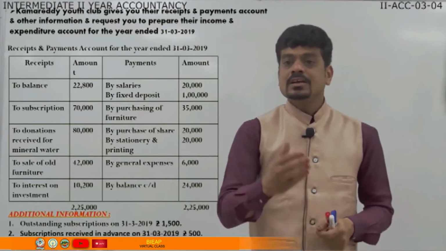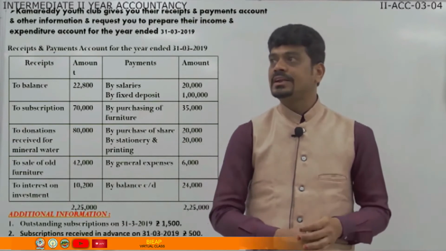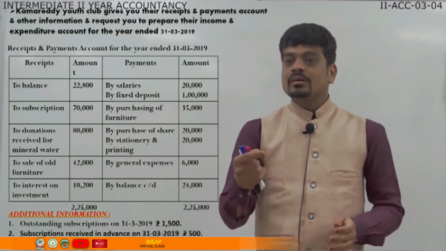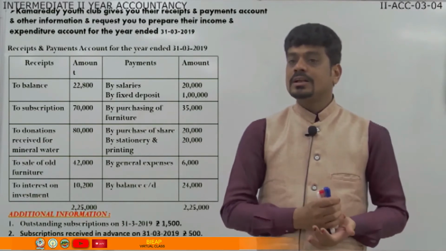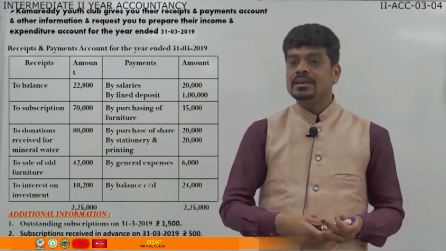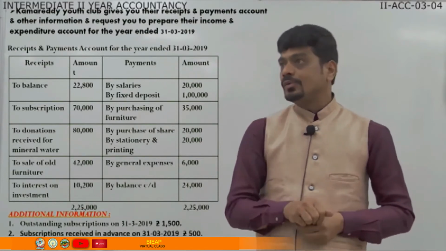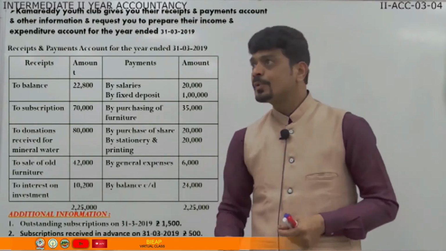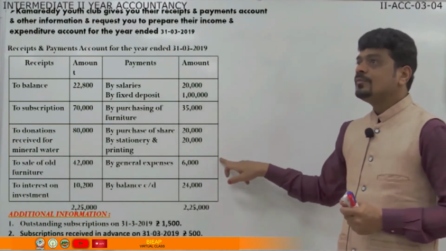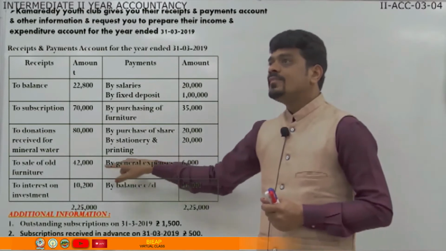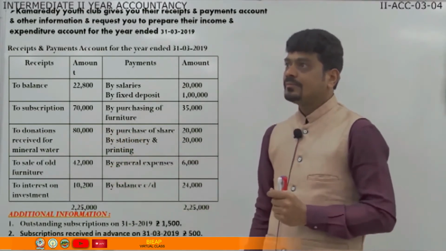One, subscription outstanding on 31st March 2019. Then subscription received in advance on 31st March 2019 and value of furniture sold 45,000. In the previous problem, the sale of furniture along with the value was given then and there, but here he gave it in adjustment.